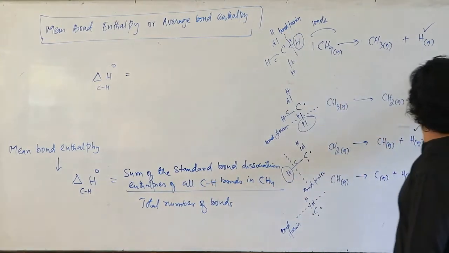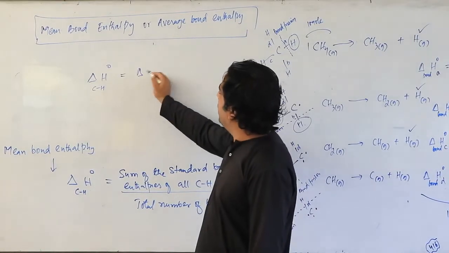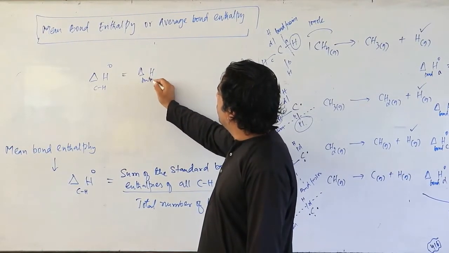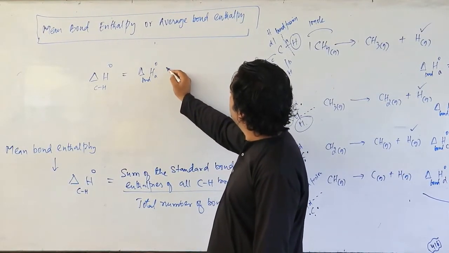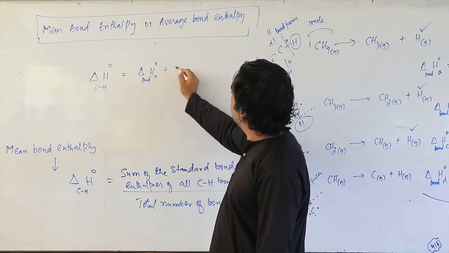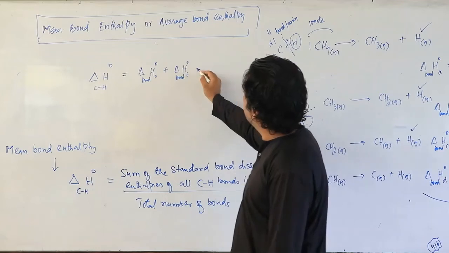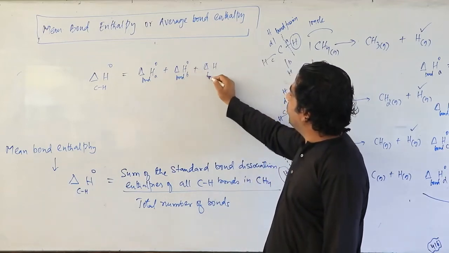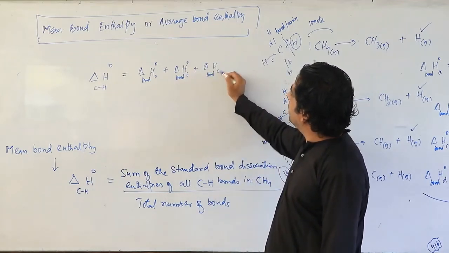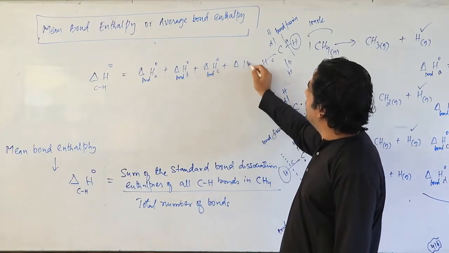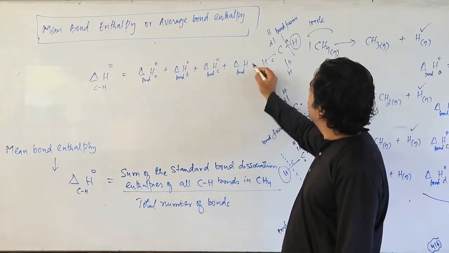Let us take the first one: delta H A naught, plus delta H bond B naught, plus delta H bond C naught, plus delta H bond D naught.